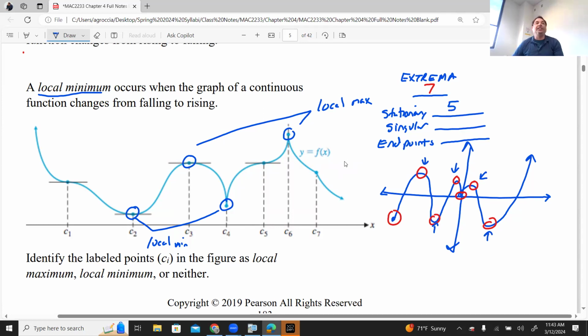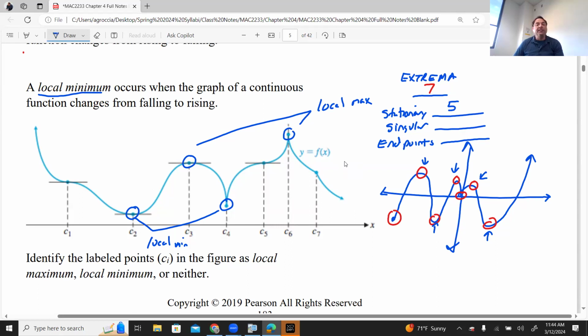When I use the word stationary, it literally means top of a mountain or bottom of a valley. That would be the one you normally think of when I say extrema. But there are other kinds too. The other kind is singular.